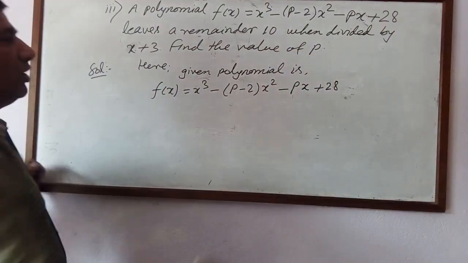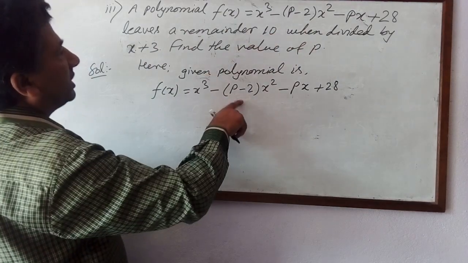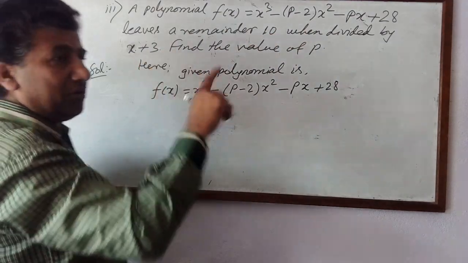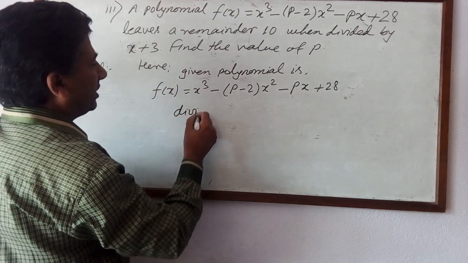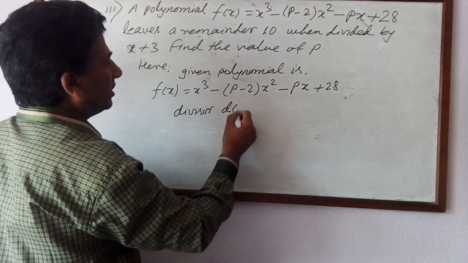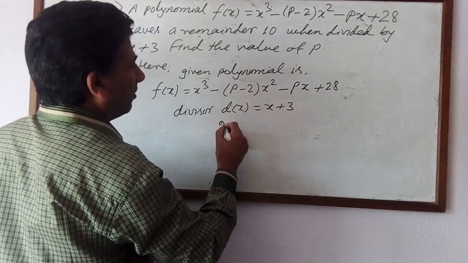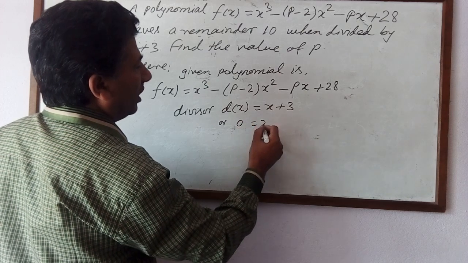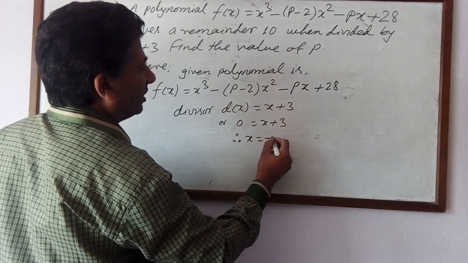Now this is the given polynomial, and when it is divided by x plus 3, this is the divisor. I'll write d(x) equals x plus 3. Now put the value of divisor d(x) equal to 0, x plus 3 equals 0. Therefore, value of x equals minus 3.